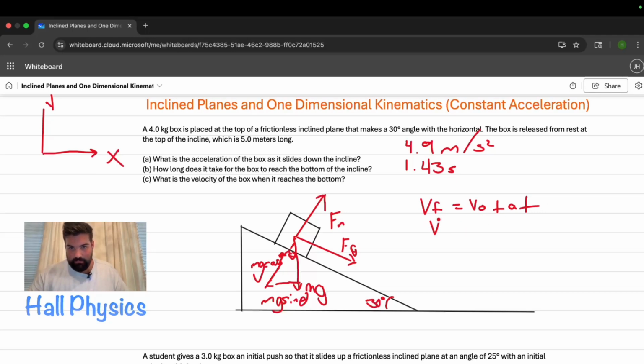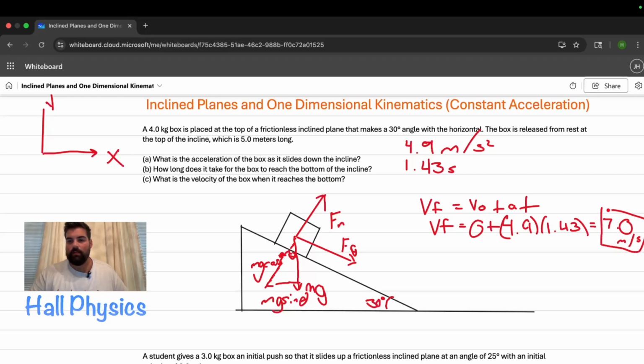So V, we're solving for our final velocity at the bottom, is going to equal 0 because our box starts at rest, plus acceleration, which is 4.9, times 1.43. That's how long it takes to reach the bottom. And that will give us 7 meters per second. That is the answer to C.